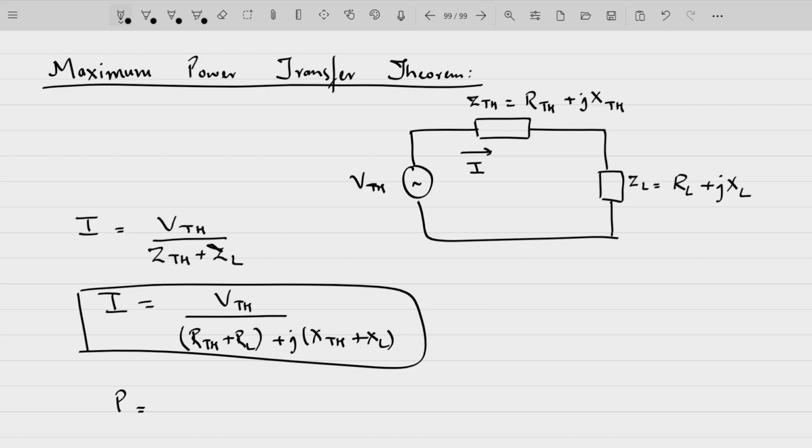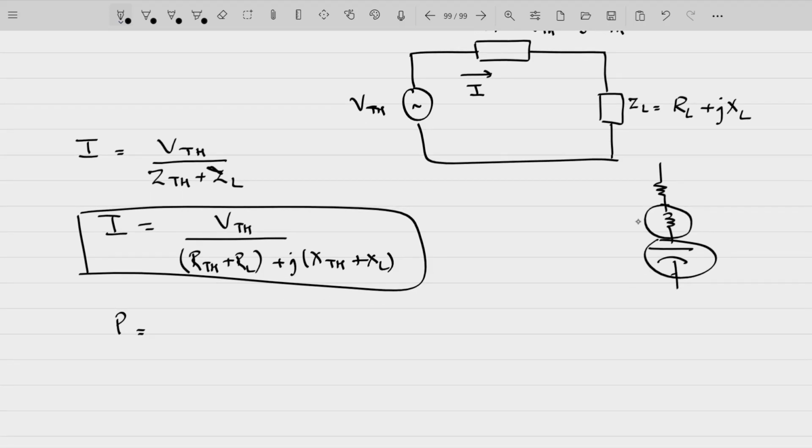This load is comprised of a resistive part, an inductive part, and a capacitive part, right? It will have a resistance, it will have an inductance, it can have a capacitance, and it may or may not have all of these three. But as far as the inductance and the capacitor are concerned, the average power consumed by these two is zero. Only the resistance consumes power.